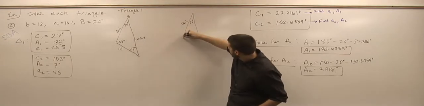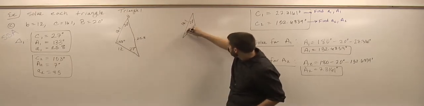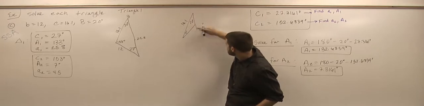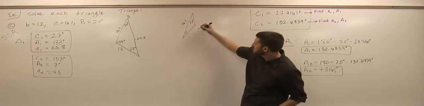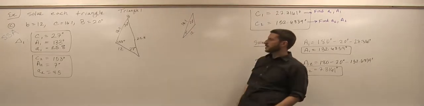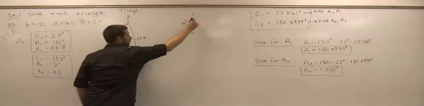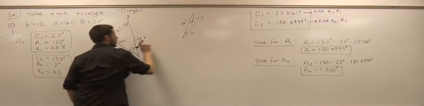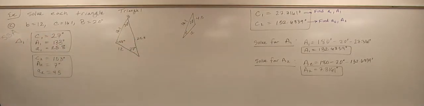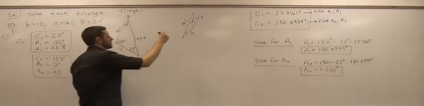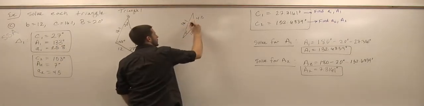Now it's going to end up being 7, like this. So this will still be 12, but now the opposite side length will be 4.5. Right? It's not nearly as big on the opposite side of A anymore. And then the one I didn't label, 153, right here.